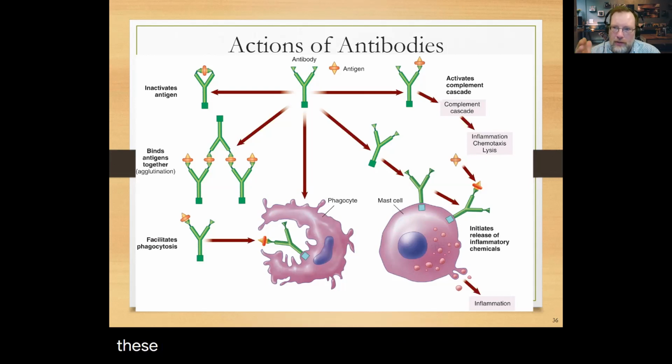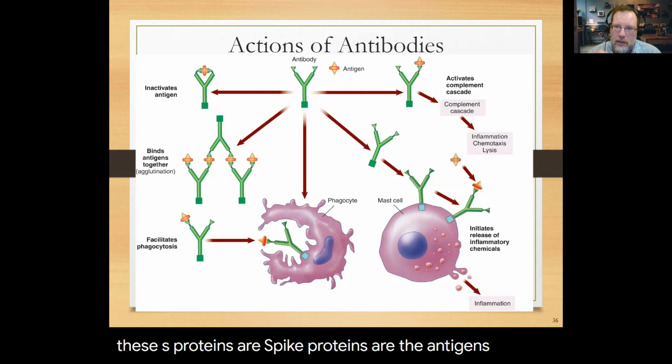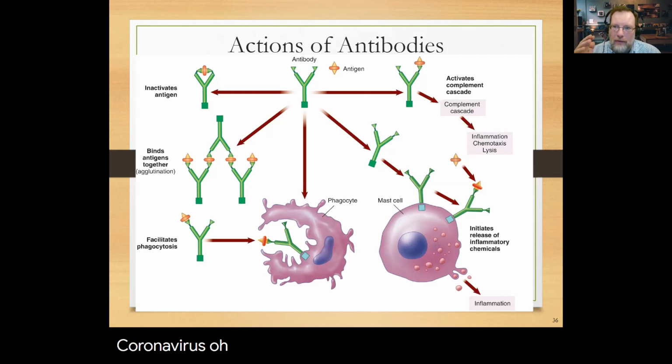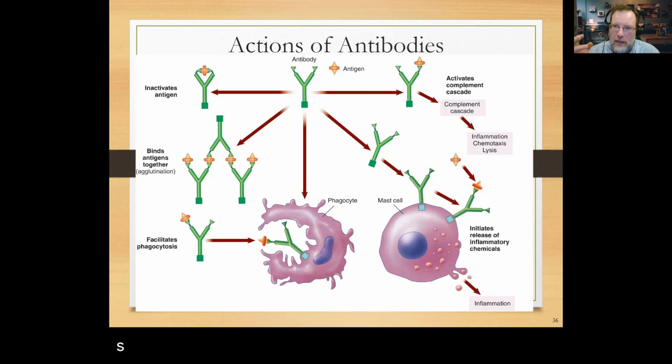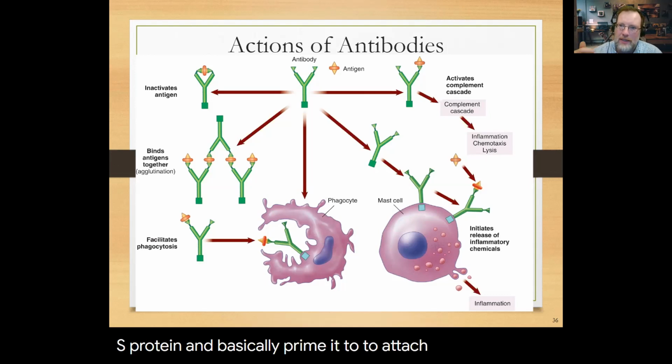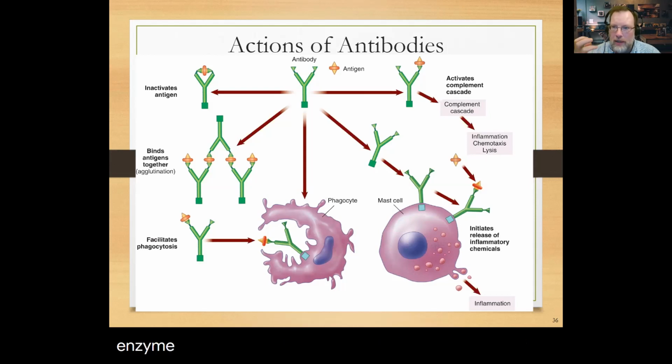We have a specific chemical enzyme in the body that, and we don't know how COVID came about, but somehow one of our own enzymes will come in and buff and clean off the S protein and basically prime it to attach to our ACE2 enzymes on our cell membranes.